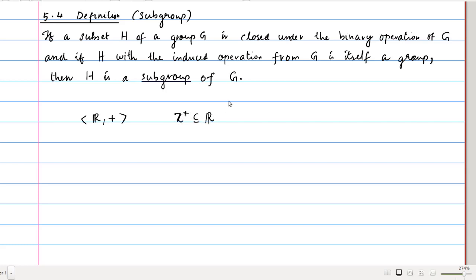So Z plus is nothing but the set of all positive integers 1, 2, 3, etc. These are the natural numbers in fact. You can also denote this by N, and if you consider this as a subset of R, we can use the same operation on this.